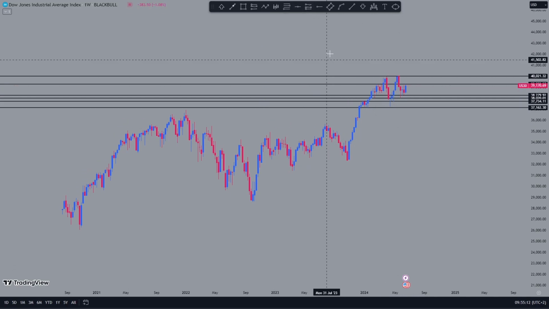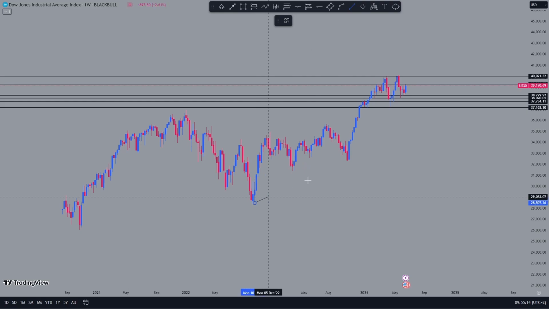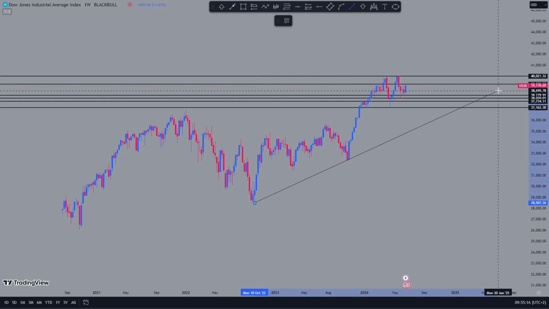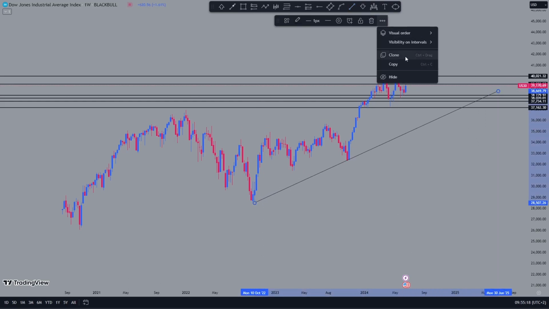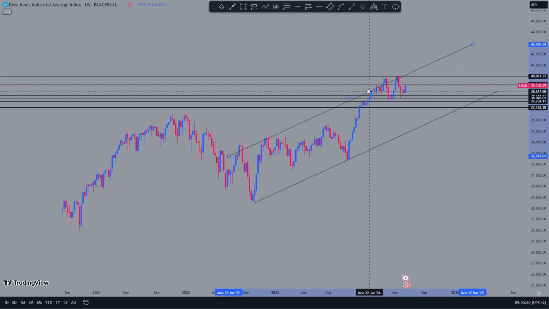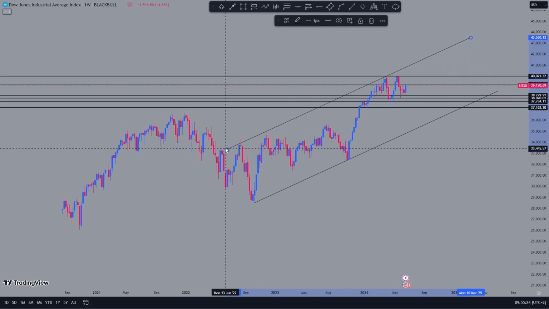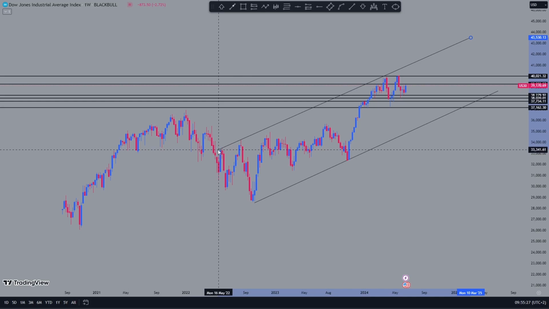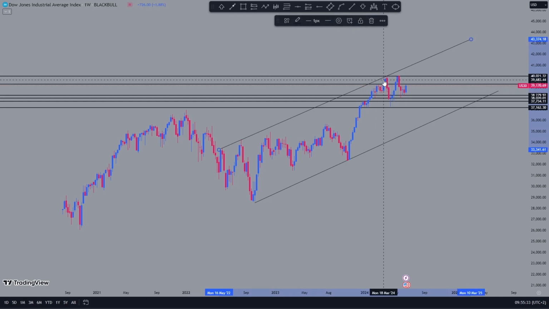So what else can I use? Yeah, this buying trend, clone it, and here. Yeah, and here we've made like that double top there.